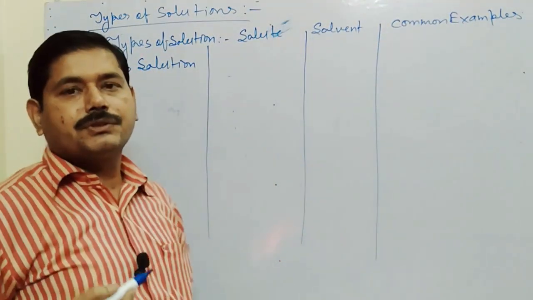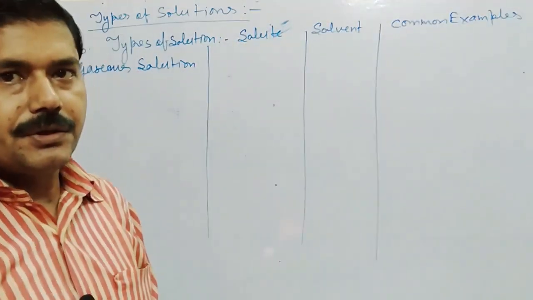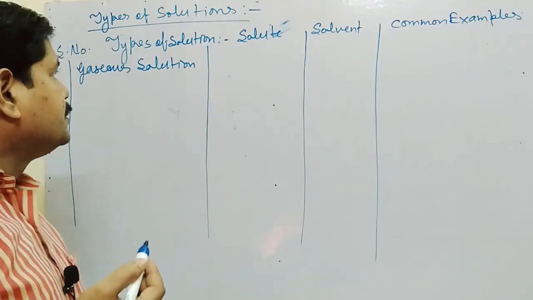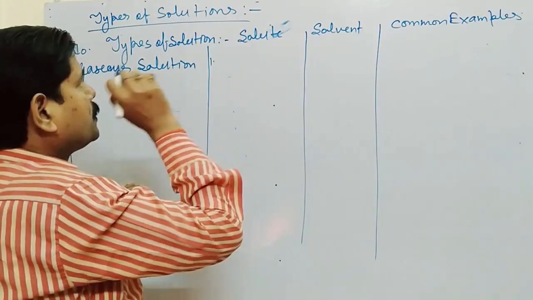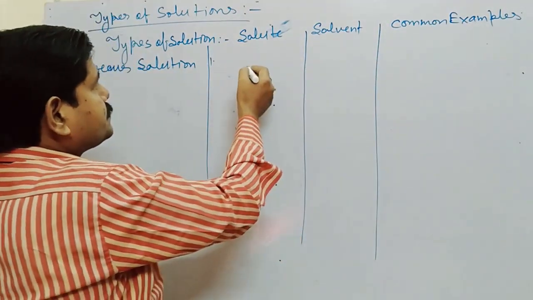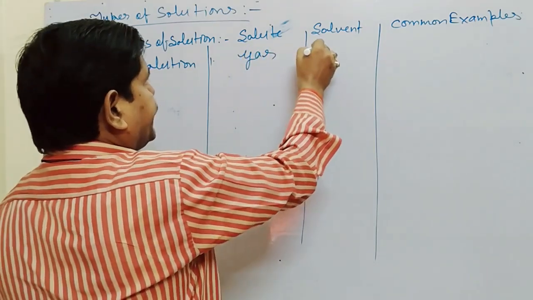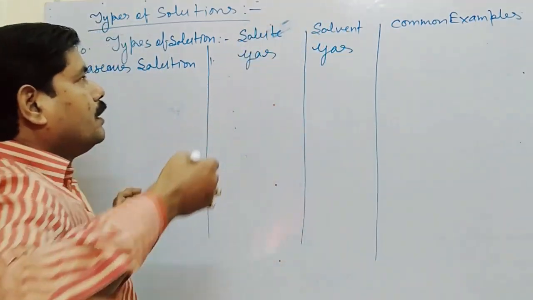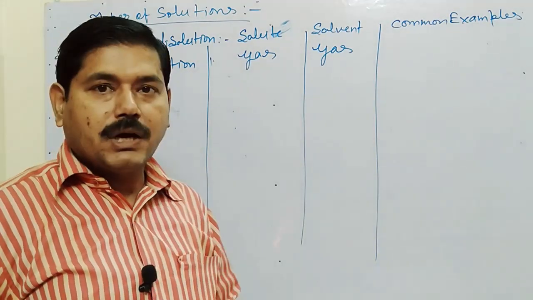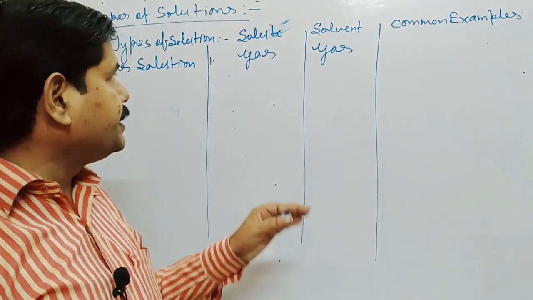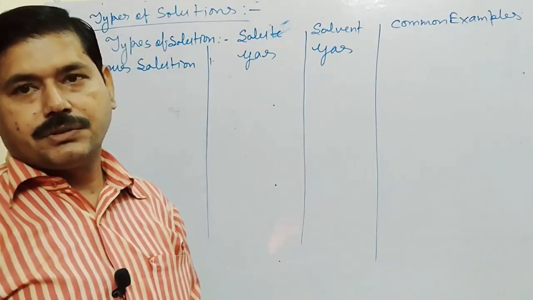In the gaseous solutions, on the basis of the solute and solvent, it may be divided into 3 subdivisions. First, gas in gas. In these solutions, if solute and solvent both are in gaseous state, then this is called gas in gas solution.